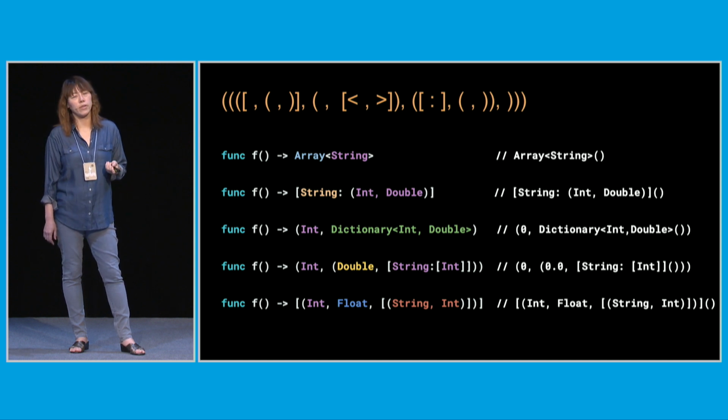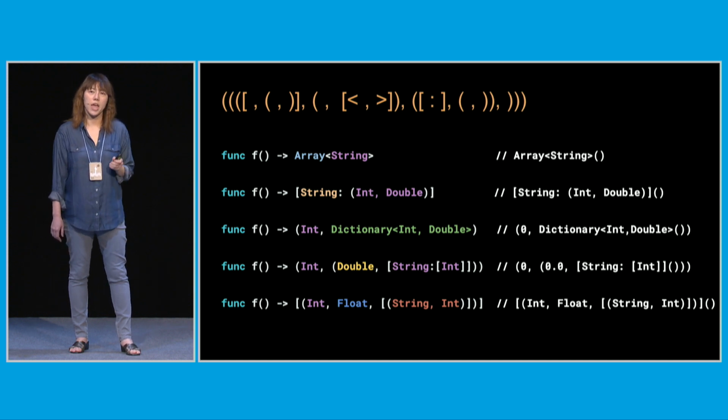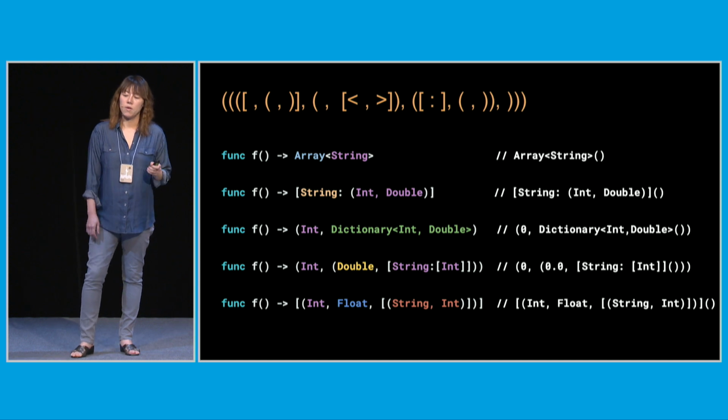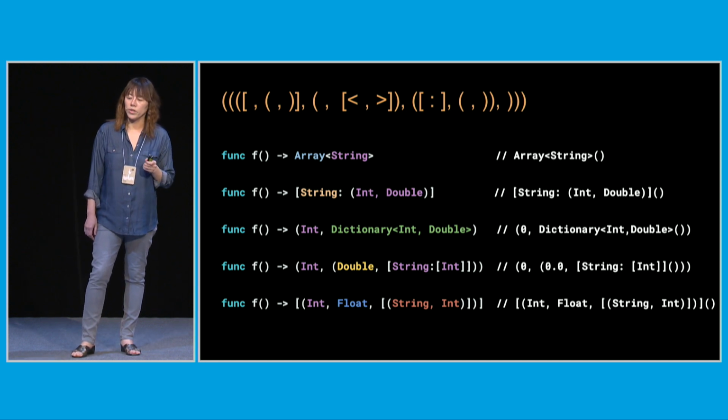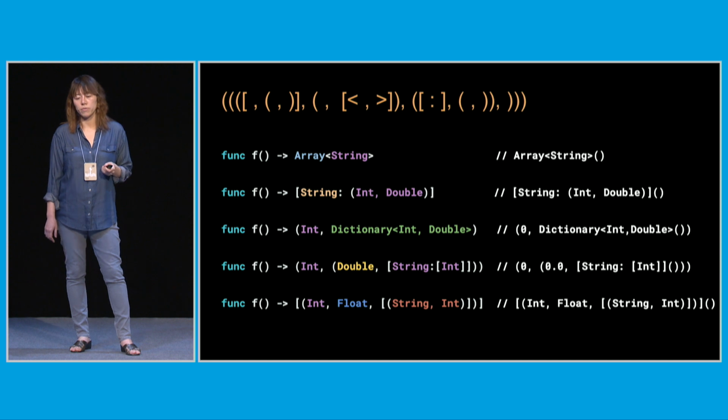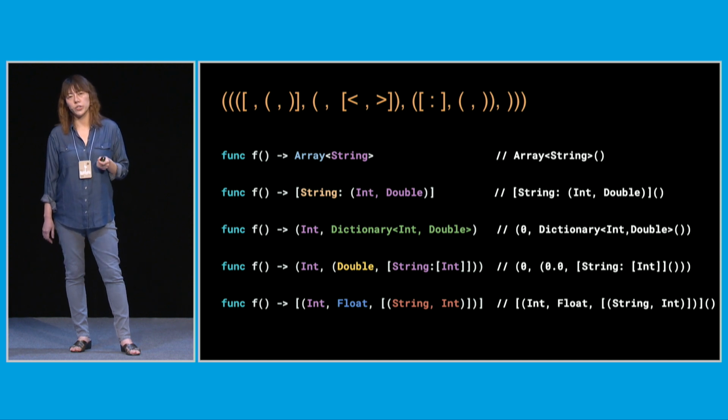Then in the fourth one, we need to return a tuple of int and a nested tuple of double and dictionary. For the default value, we need to return a tuple of 0 and a nested tuple of 0.0 and an instance of that dictionary. But in the last example, since this is an array of tuples, we now simply return an instance of that array without having to parse the tuple element.